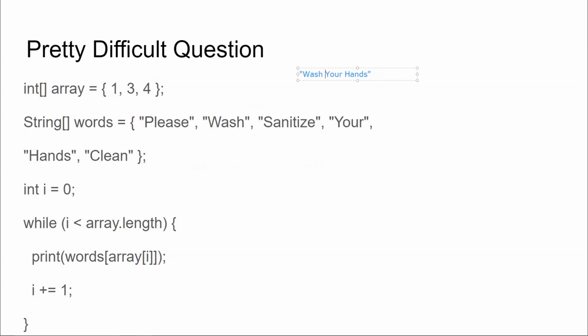I was just looking for whether you understand what was looping through and how to deal with arrays like that. Okay, let's go through the code.